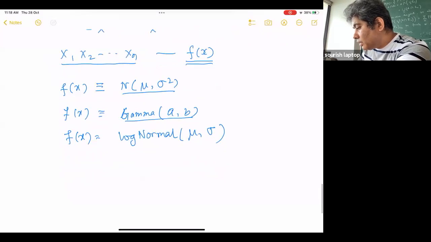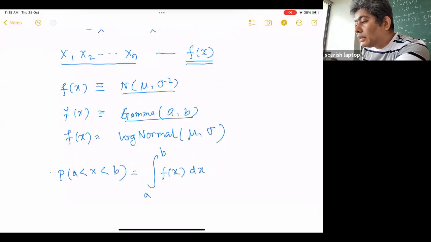find the probability of A less than X less than B. All you have to do is integrate from A to B whatever the PDF is; suppose you're assuming normal, you integrate f of x dx and you will get the probability.